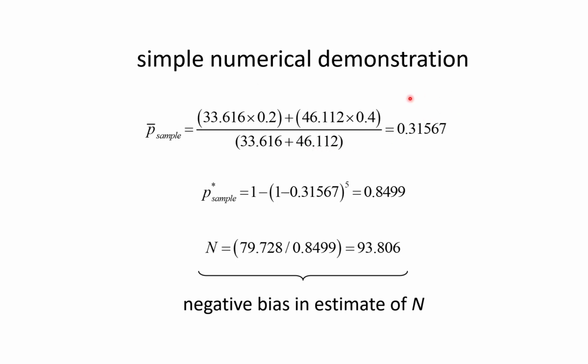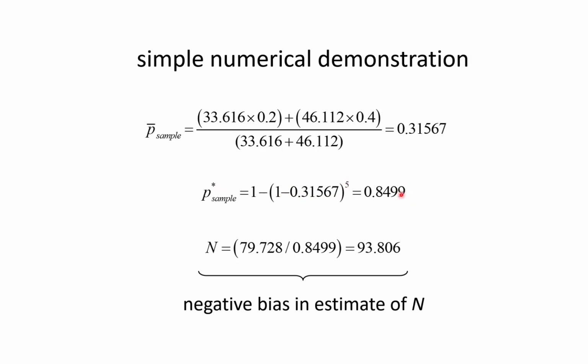Okay, so the weighted average, what we would actually expect to see for our encounter probability, would be 0.31567. All right, so the sample P star then would be 1 minus (1 minus 0.31567) raised to the 5th power, and that is 0.8499.